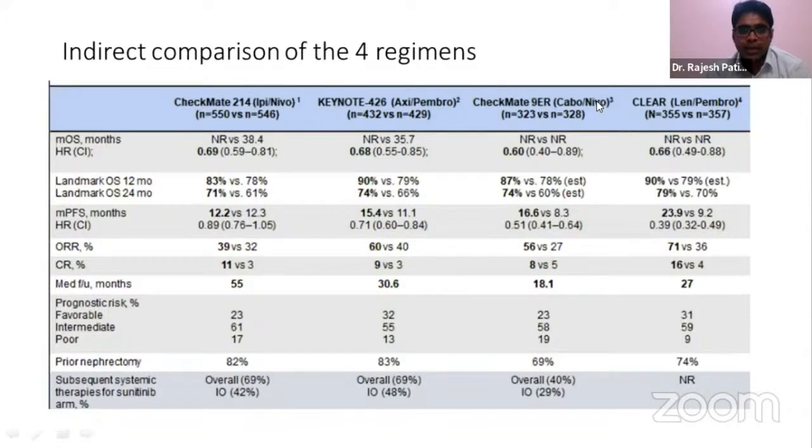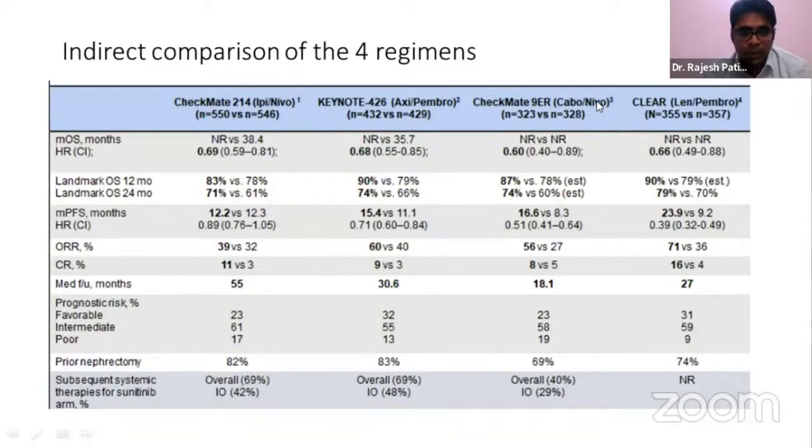And if we see the landmark overall survival at 12 months and 24 months, at 12 months it ranges from 83% to 90% in the immunotherapy arm, and at 24 months it ranges from 71% to 79% with all immunotherapy combinations.